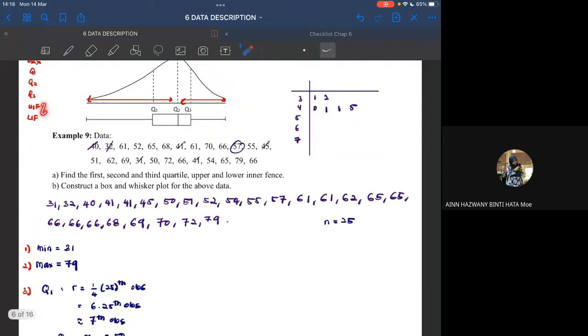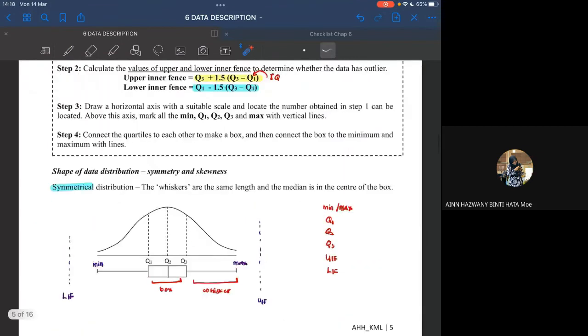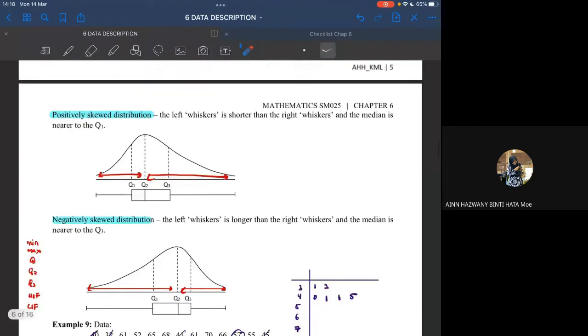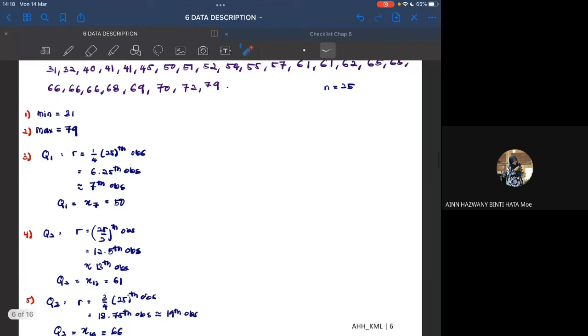So to find upper inner fence dengan lower inner fence, basically kena guna formula yang ini, boleh je nak cari interquartile range dulu pun boleh, ataupun just masuk je dalam formula. So number 6 is we want to find the upper inner fence.